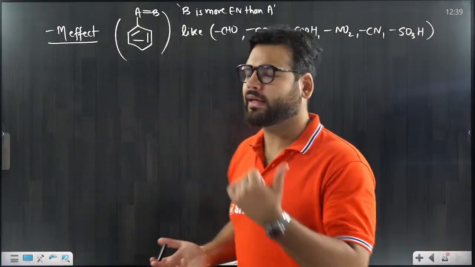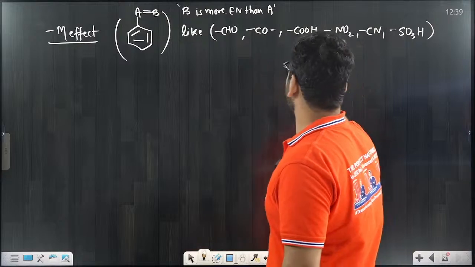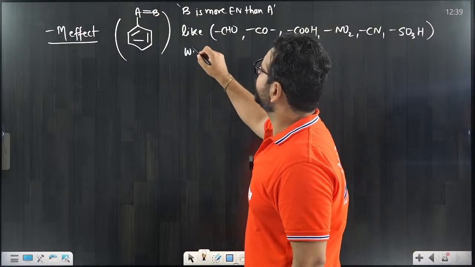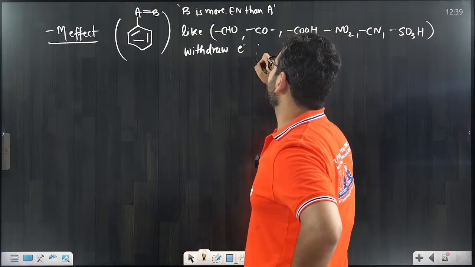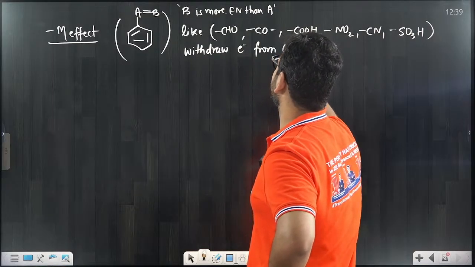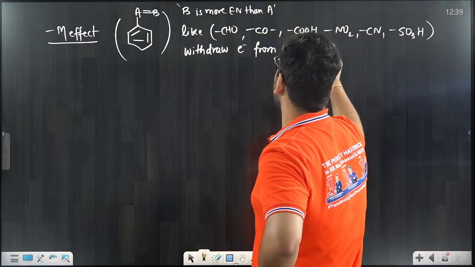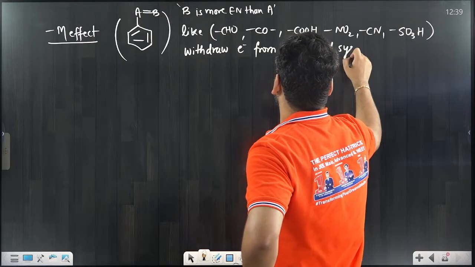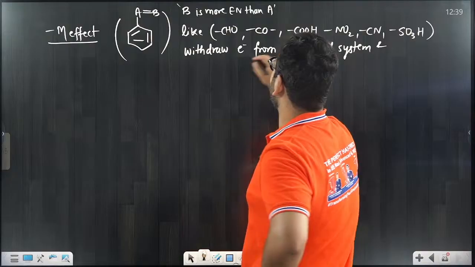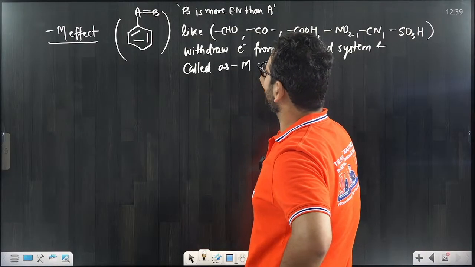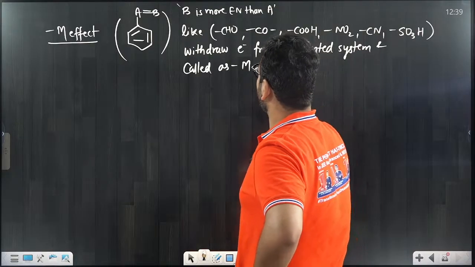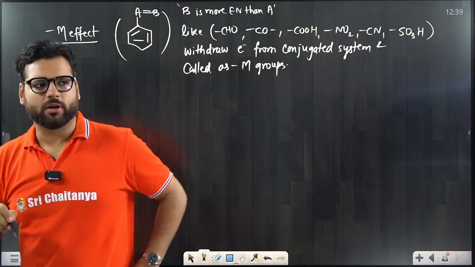Obviously, they are all minus I as well. So these groups withdraw electrons from the conjugated system, and are called minus M groups.